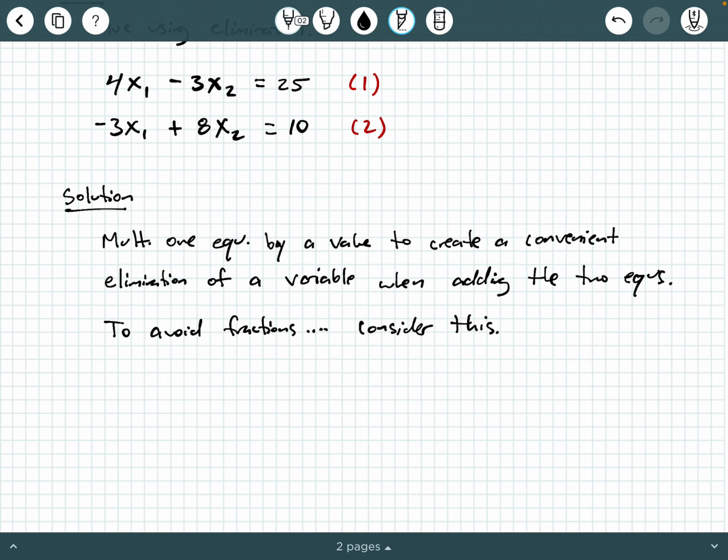I'm going to say let's multiply equation 1 by 3 and equation 2 by 4. What happens when I do this? Let's do it slowly.